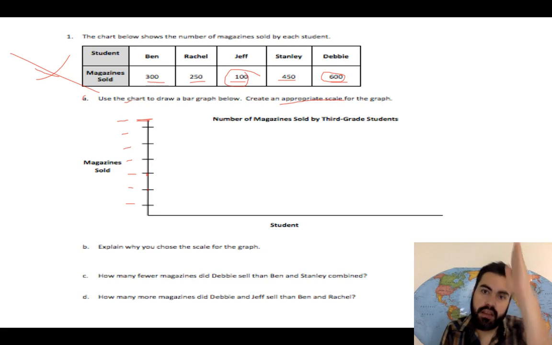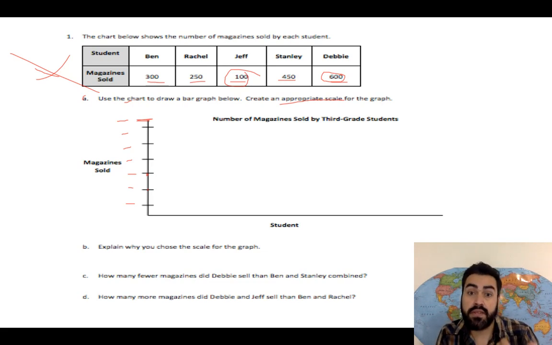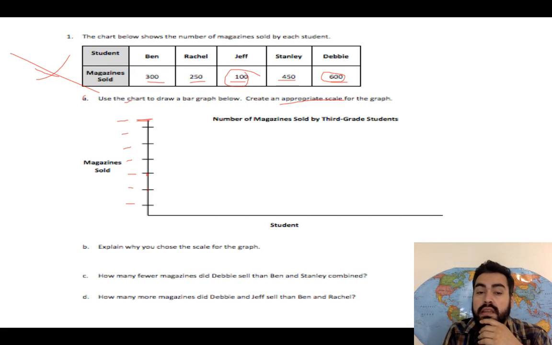If you went indefinitely up, it wouldn't be effective. It would take you forever, and it'd be a waste of time. So that's why we scale it. Sometimes it's appropriate to skip count by 10s, 20s, depending on how big your data is.